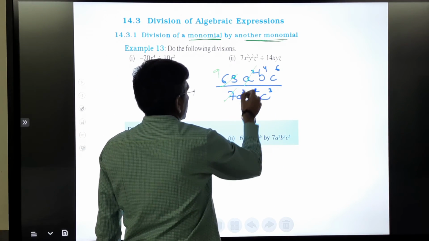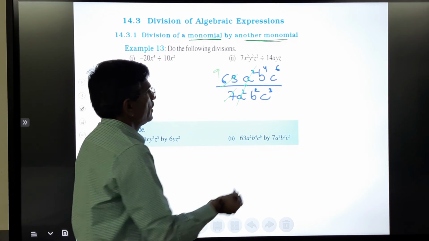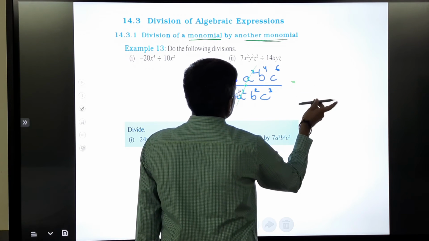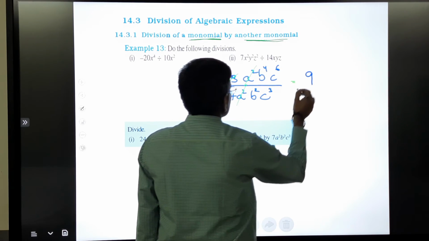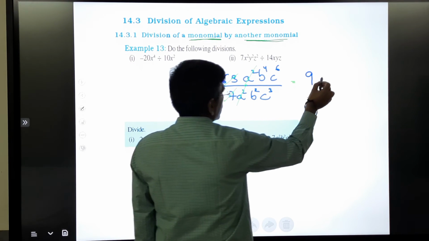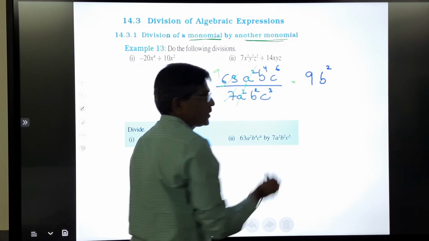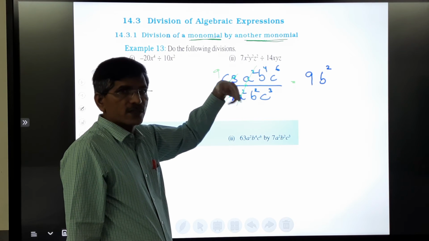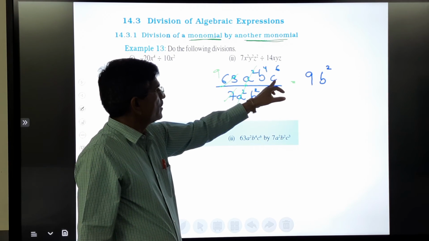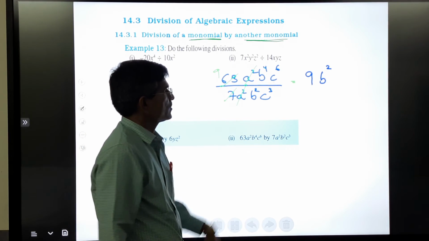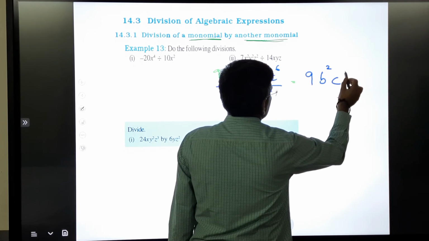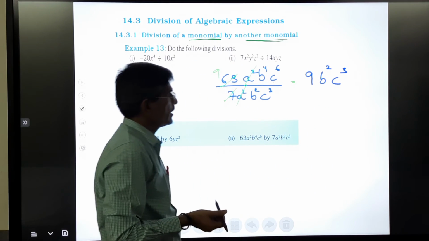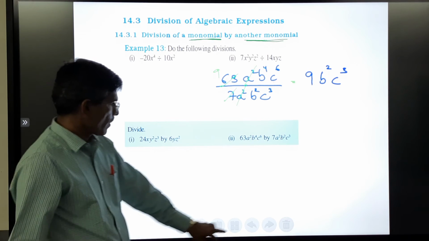So this power is again cancelled. The remaining is 9. B the power 4, b the power 2, so b the power 2 is remaining, 4 minus 2. In division we have to do the subtraction of powers. C the power 6, c the power 3, so 6 minus 3, that is 3. So that is the correct answer.